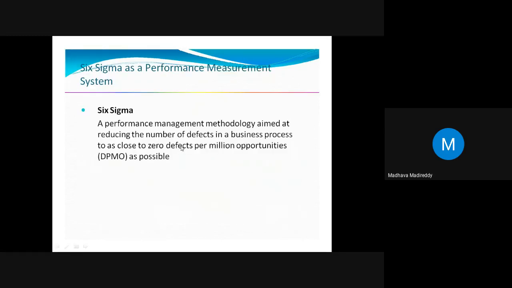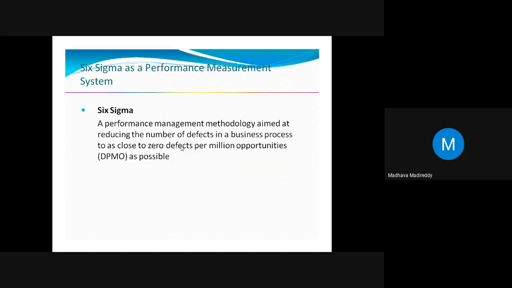Now we'll talk about Six Sigma. Six Sigma is a good performance measurement. The reason why it's called Six Sigma is, if you know a little bit of statistics, sigma is an indication of standard deviation.